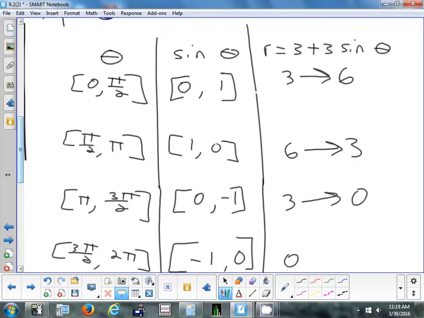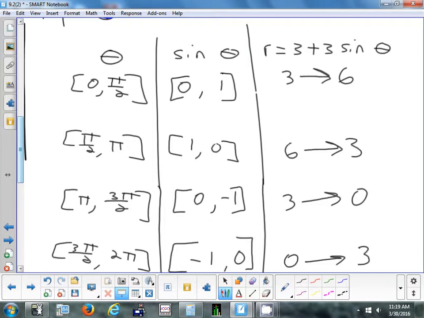So my radius is going to go from 0 to 3 times 0, 0, plus 3, 3. So my radius is going from 0 back to 3. All right. Now, keep in mind here, you're going to see some symmetry. Okay, so we'll use that to help us sketch it. And since the sine function is not linear, when I start to draw this out, nothing here is really going to be straight. It's all curved.